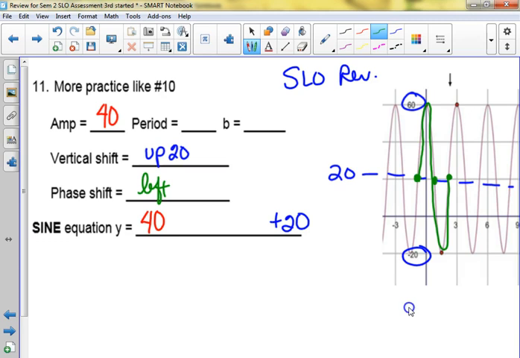The period is 3. Do you have to go look at the sine part of it to do the period? No, look anywhere. One complete cycle goes from 3 to 6 or 6 to 9, so the period is 3. So the B is going to be 2 pi over 3. Lovely. Okay, so we're going to have sine 2 pi over 3 x.